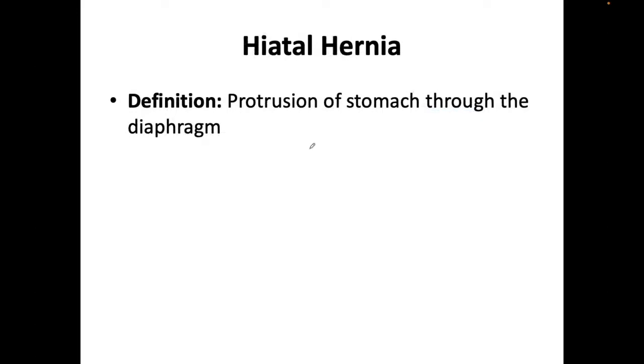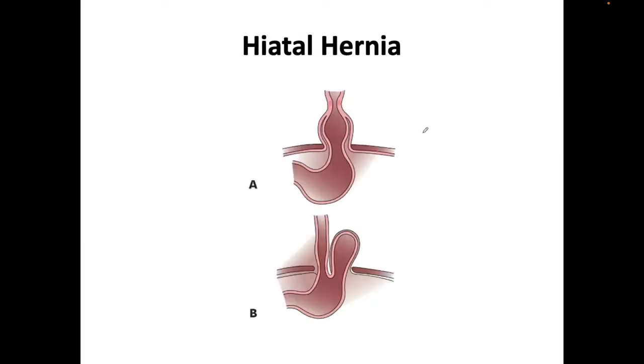Now, what else is common of the stomach? Hiatal hernia is where you get a protrusion of the stomach through the diaphragm. So here's the diaphragm, and in both of these, we're seeing the stomach protrude upwards. Part of the stomach is up here, and what's the problem with that? Well, the stomach has parietal cells that produce hydrochloric acid.